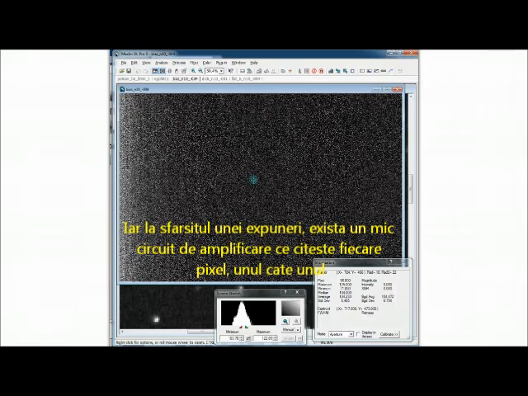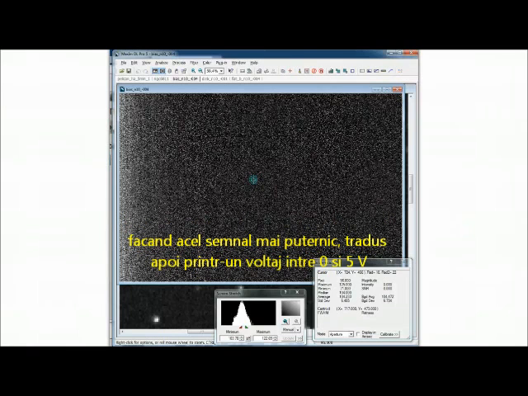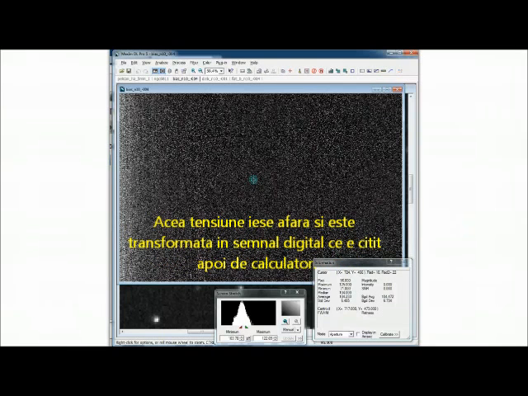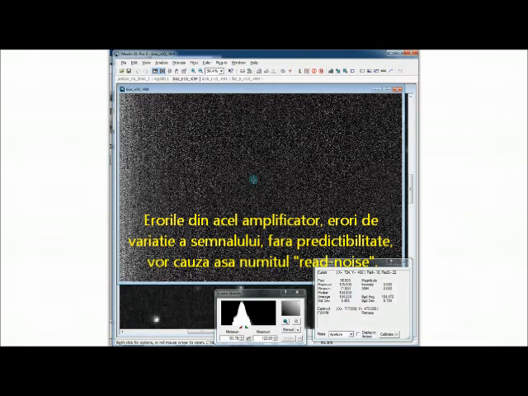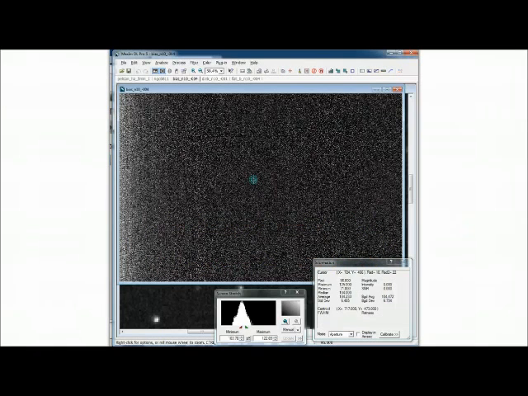At the end of your exposure, a little amplifier circuit reads out every single pixel one by one, and then makes that signal larger so that it's a voltage between 0 and 5 volts. That voltage comes out and is turned into a digital signal that we read on the other side in your computer. Errors in that amplifier circuit, little hiccups, sometimes some variation in randomness, will cause the read noise that we're discussing here.